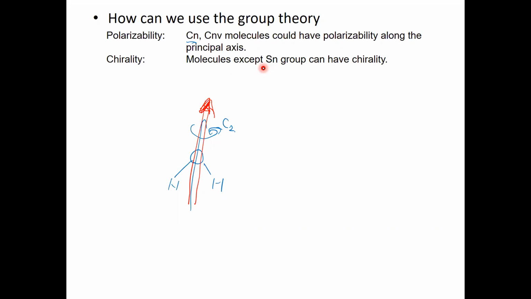So just by categorizing the molecule, you can know the information about chirality. Okay, so with that, the first step of group theory we studied was the categorization of molecules into different groups.